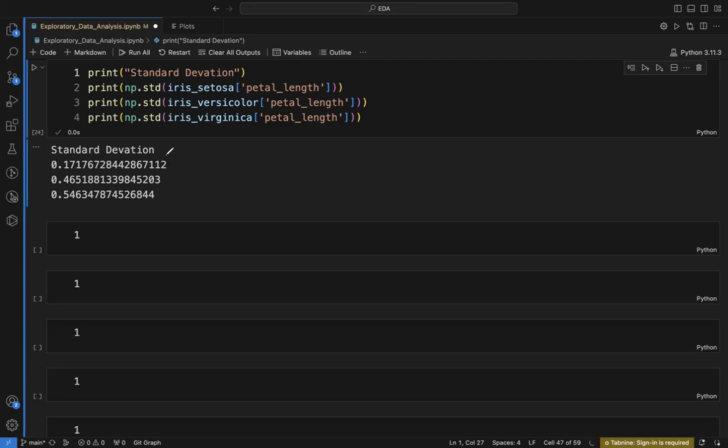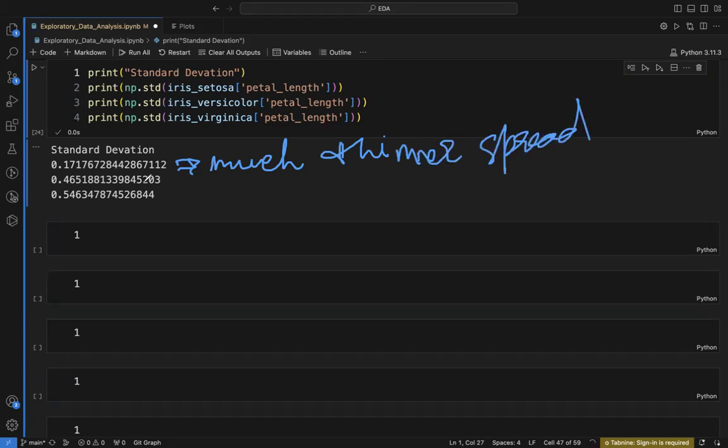This Setosa has a much lower standard deviation, which means that it has a much thinner spread. Since it has a much lower standard deviation, it means it has a much lower spread.